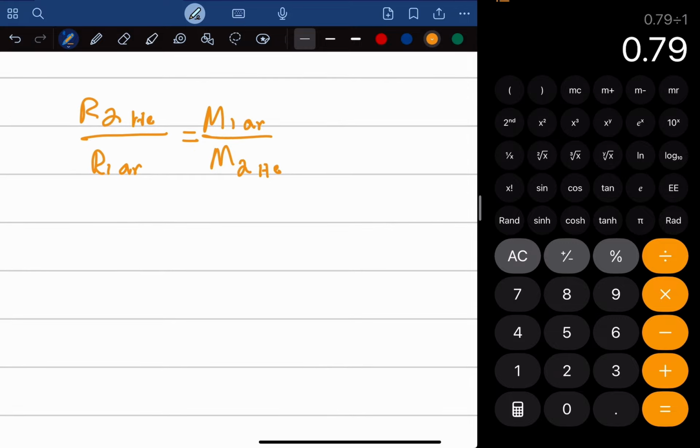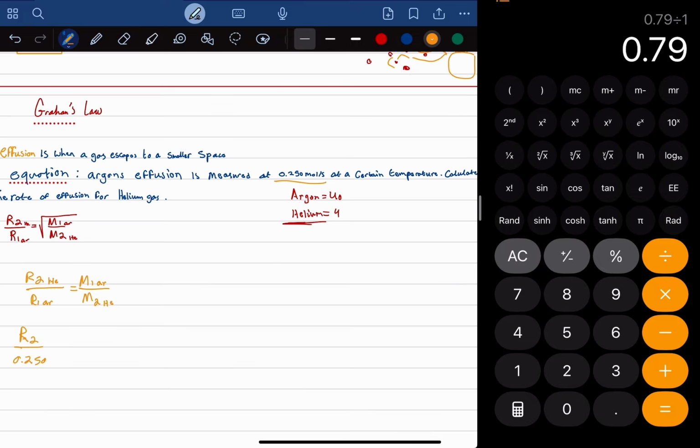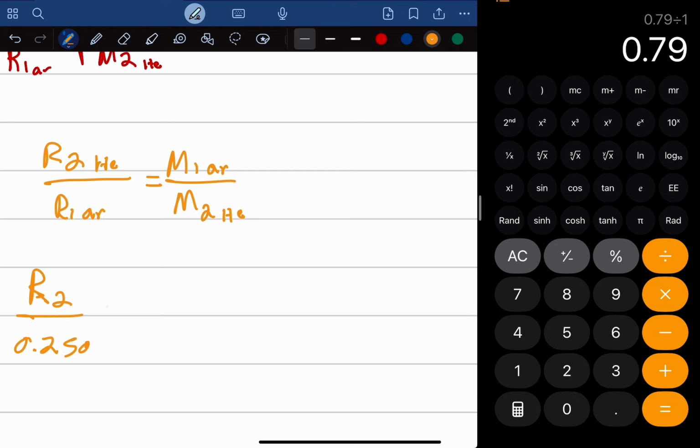So what this means is that R2, which we don't know and we're trying to find out, over R1, which is 0.250, as I've stated right here, is equal to the square root, not just a fraction, the square root of M1, which is 40, divided by 4, which is M2, or helium.